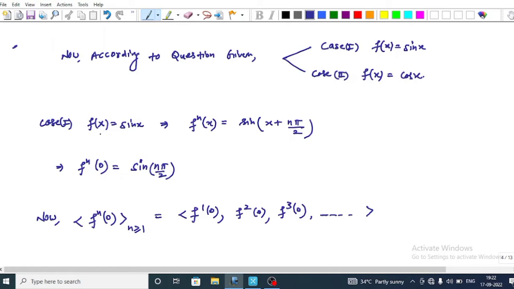In case 1, if f(x) = sin x, this implies f^(n)(x) = sin(x + nπ/2). At x = 0, f^(n)(0) = sin(nπ/2). In sequence form, f^(1)(0), f^(2)(0), f^(3)(0), and so on.